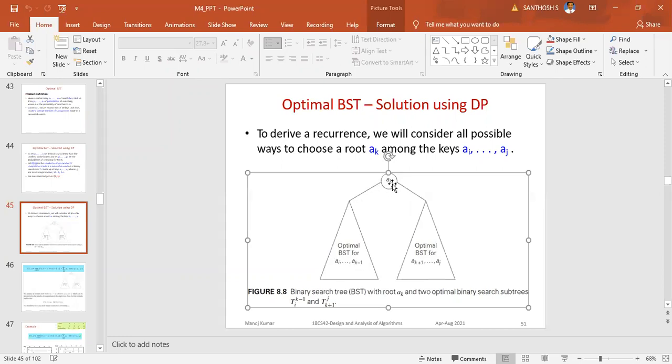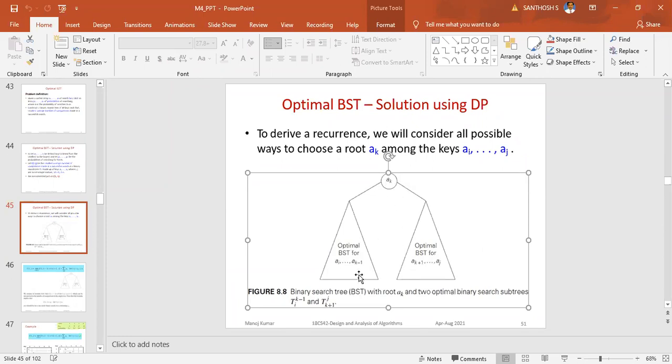So the solution is, if you are having an element AK, in the left part all the elements will be less than AK. The elements less than AK will be given as AI to AK minus 1, and the elements after AK will be given as AK plus 1 to AJ. So the first element is AI, the last element is AJ.